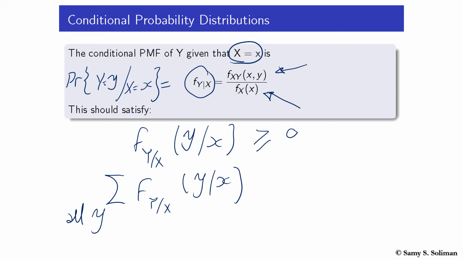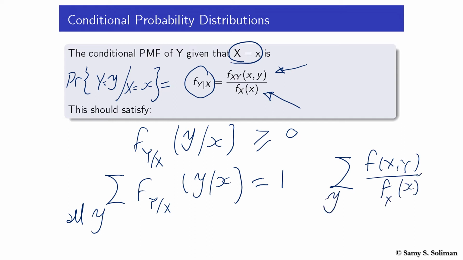So if we sum over all the possible values of y, that should be equal to 1. And of course, you can easily verify this, because if you sum the joint distribution divided by the marginal distribution of x for all the values of y, this one is not a function of y, so it goes out of the summation.